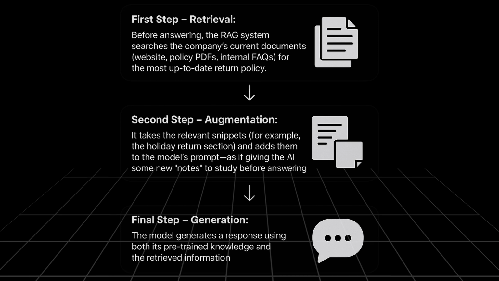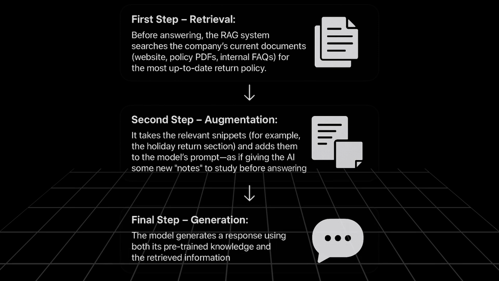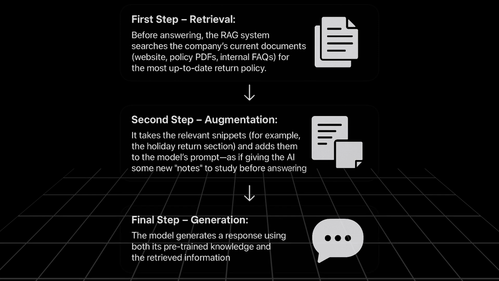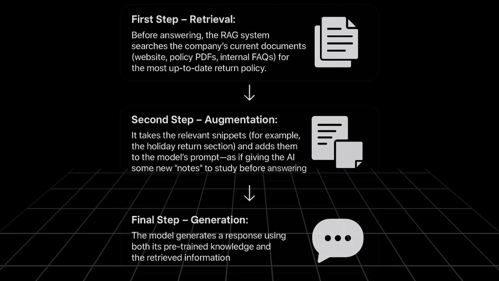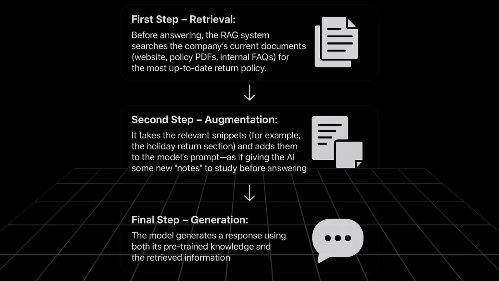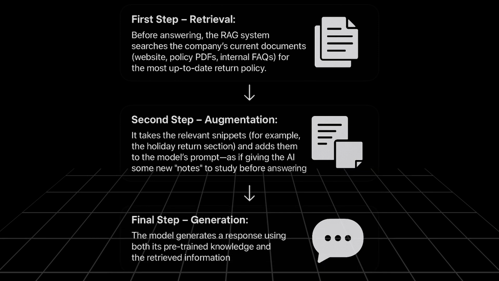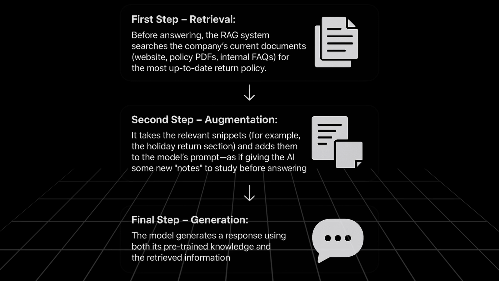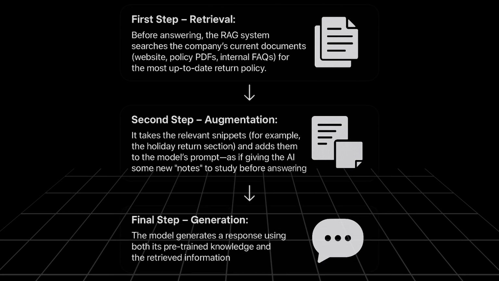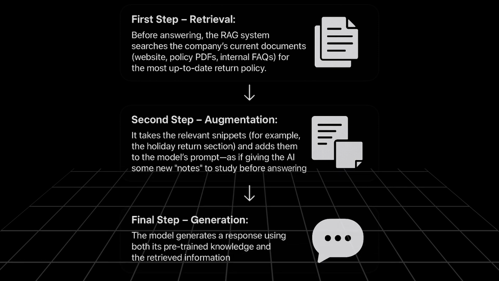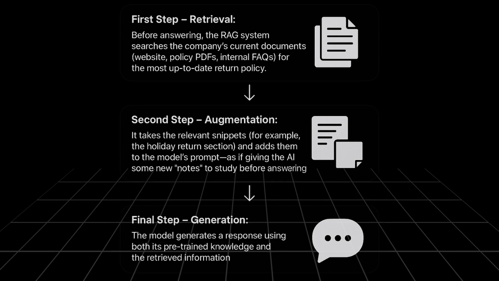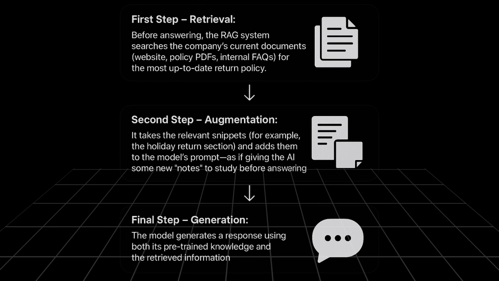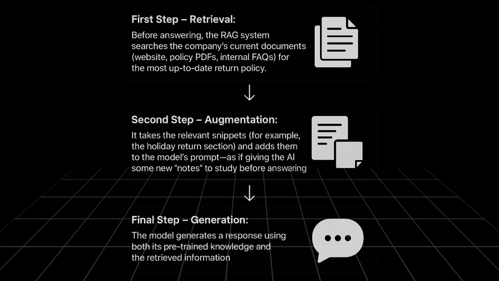So consider the written policy example. How does RAG improve this? The first step is retrieval. Before answering, the RAG system searches the company's current documents, website, policy PDF, and internal FAQ for the most up-to-date written policy. The second step is augmentation. It takes the retrieved snippets, for example, the holiday return section, and adds them to the model's prompt, as if giving the AI some new notes to study before answering.